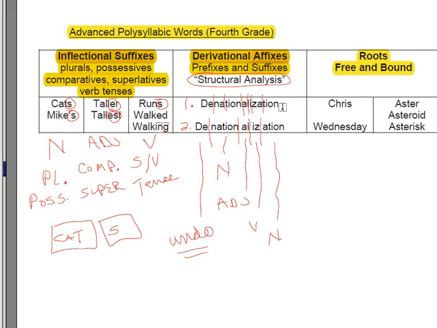If it is drastically changing the grammar of the word, as we saw in the word denationalization, and the meaning is drastically changed by adding the suffix, then it's got to be derivational in nature. Okay, the next topic that I have to go over with you are the differences between free and bound roots, and I'm going to come back and do that with you, and then we'll move on to context.